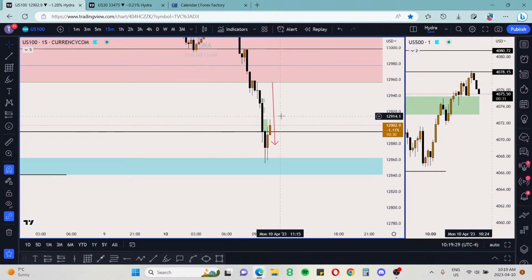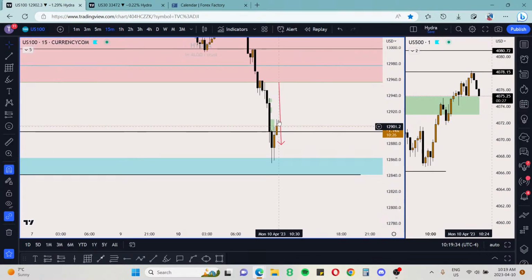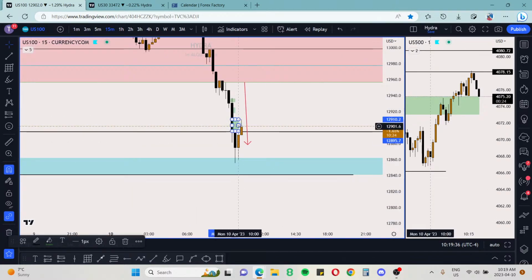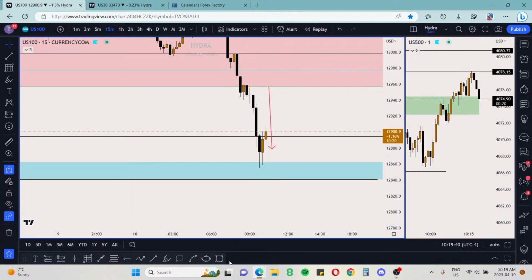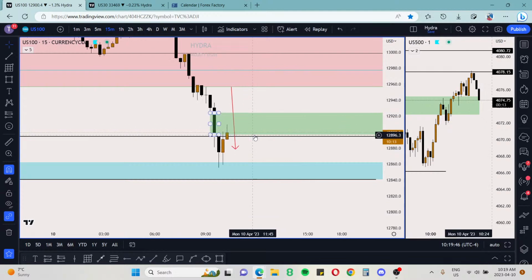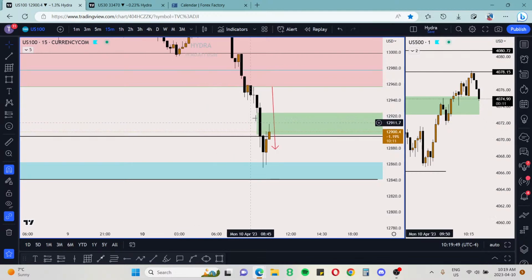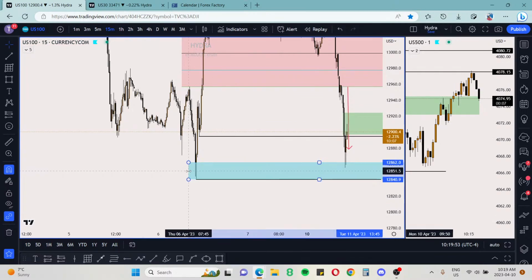So I'm still targeting this swing low, right? Because price is rejecting. I'll give you another confirmation for a setup. That's a fair value gap on 15 minutes, right? So if you are in a short, you don't want to see price closing a candle's body above the midway of this fair value gap. If you see that, close your trade. It will reverse because price got rejected from this swing low, from this swing point, right?